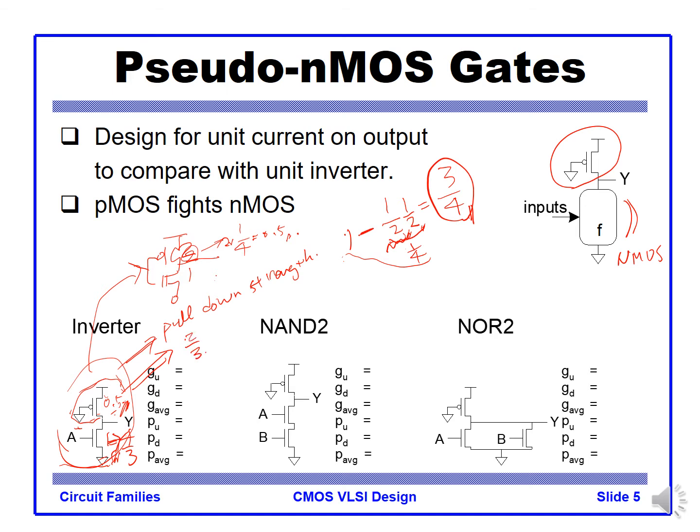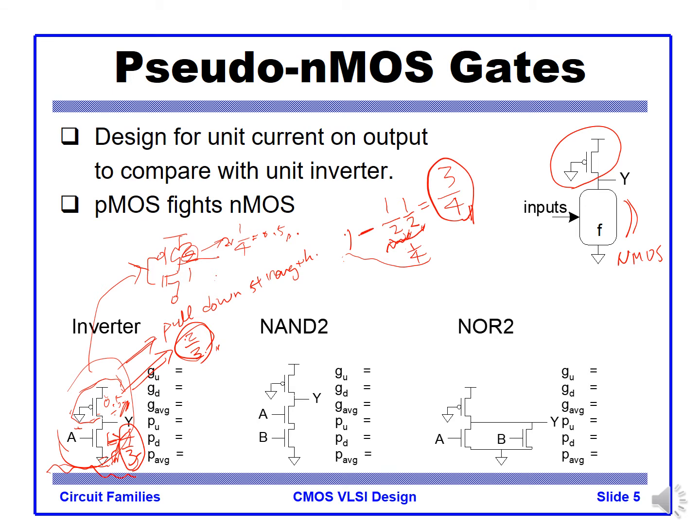We multiply by 0.5 here. So finally, for the pseudo NMOS gate inverter, we can size the NMOS at 4/3 and the PMOS at 2/3. With that size in mind, we can calculate the logical effort for pull up and pull down and average.